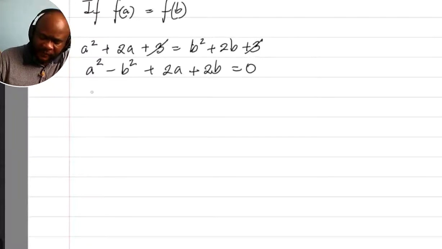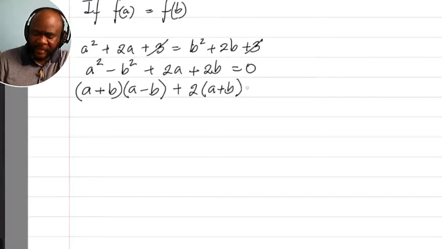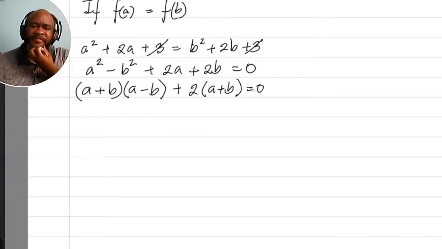Therefore, if we factorize, we're going to get a plus b, a minus b. That's a difference of two squares. And over here, 2 is common. We have 2 times a plus b. That's equal to 0.